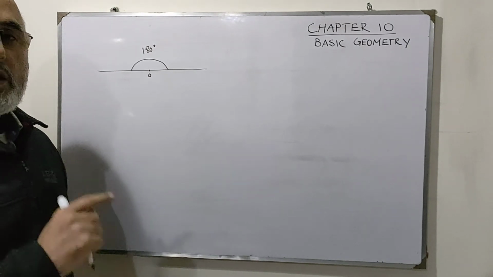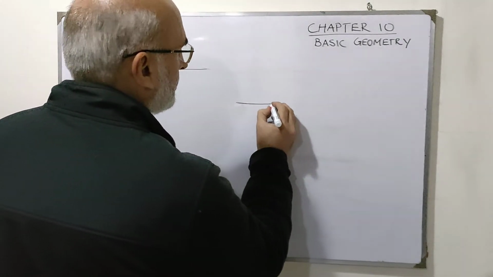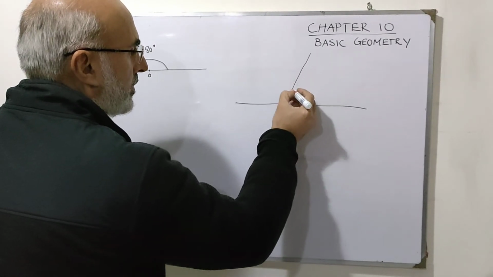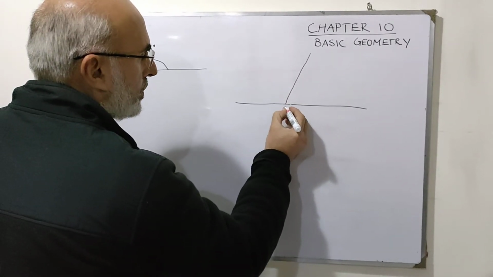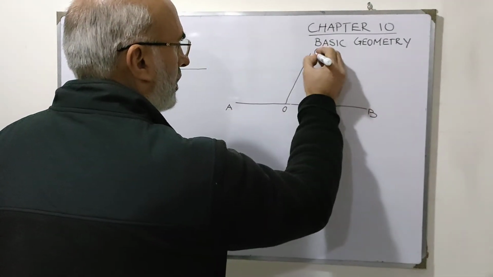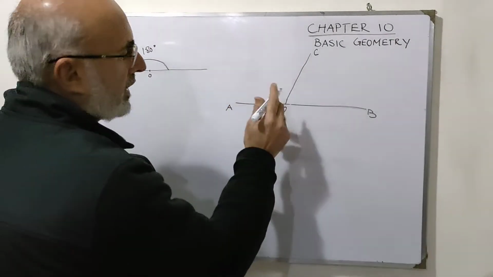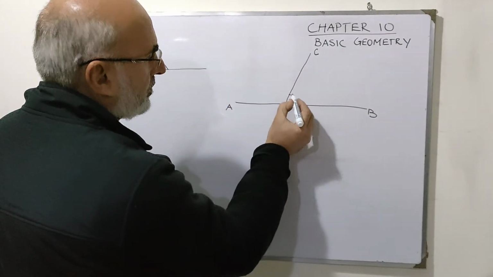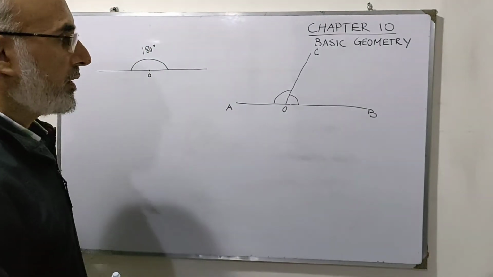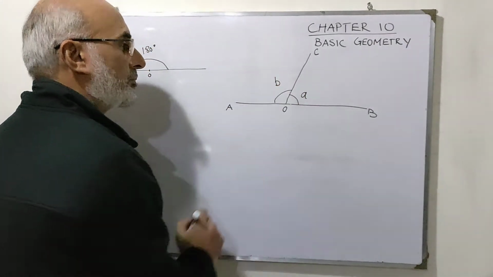Now, on this straight line, if I add another line which is meeting at point O, right? So this third line is making angle with this straight line AB. So if this is A, this is B, okay?